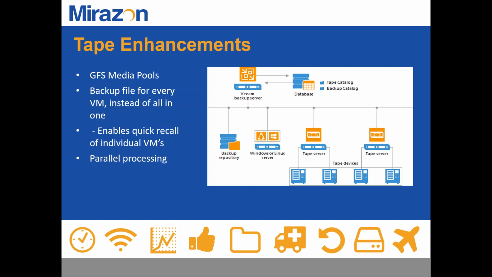And then as you see on the infrastructure side, Veeam allows you to leverage much lower-end setups, could be just single tape drives on a tape server. You're giving a Windows box as a tape server, and you think of it as just like your backup proxy, but for tape. It's just a server that's going to have tape drives attached to it, and you can see how you can just scale that out.